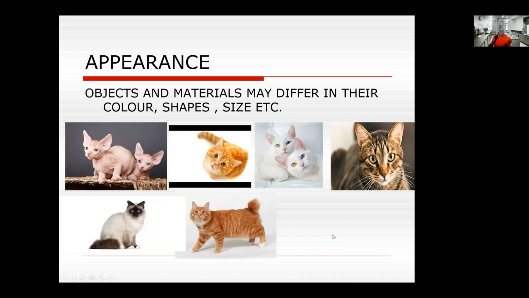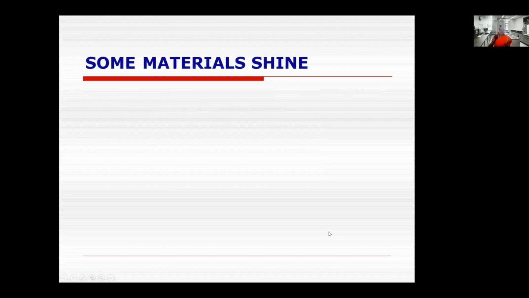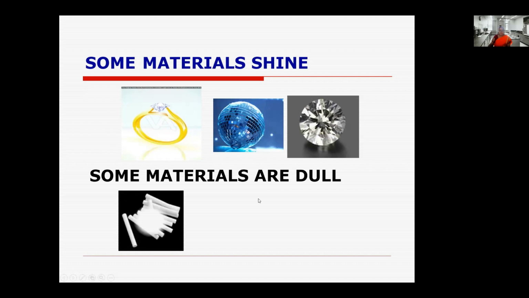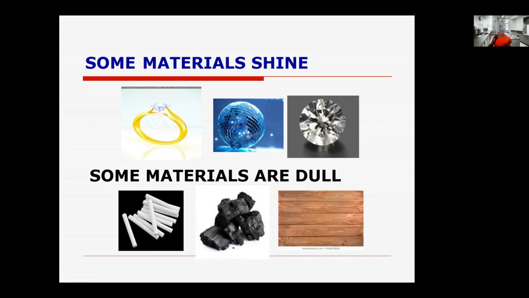These are also some examples of appearance. Some materials shine. Am I right? These materials are all glowing, very shiny. Some materials are dull, like chalk, paste, and so on, which do not have any shiny appearance, that is dull. So many examples are there around us at home also.